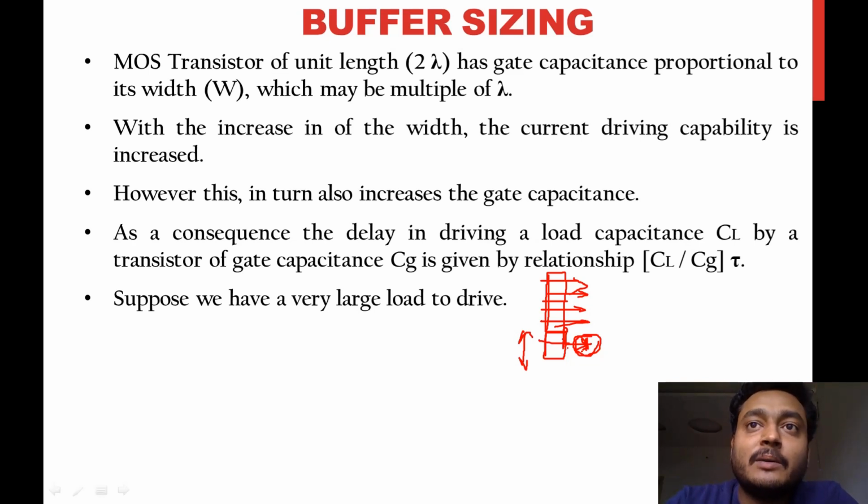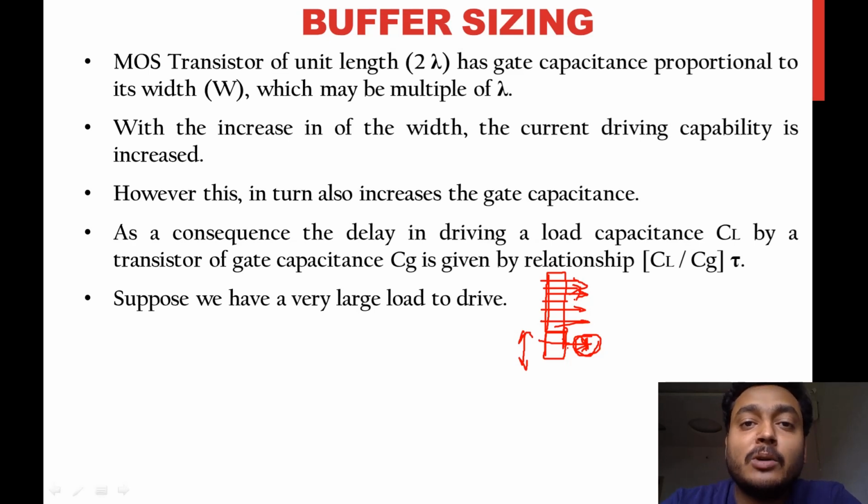Which one is efficient for pushing more people through? In your home door, at a time we can push only 2 or 3 people. But when you go for a very large door, in temples or something like that, at a time we can move almost 5 to 10 people. So when you have 5 to 10 people, that means more carriers are moving. More carriers are moving means more current.